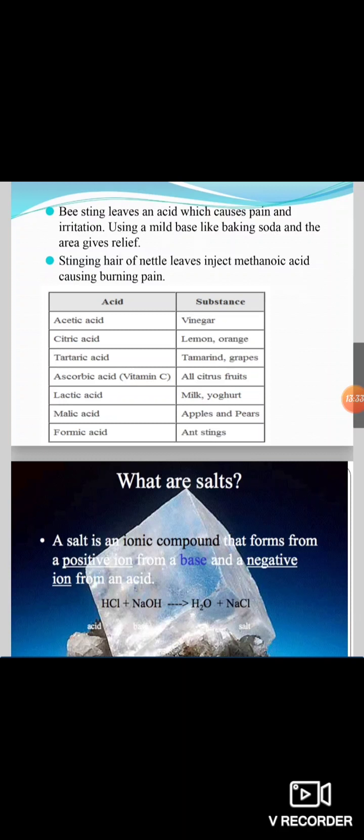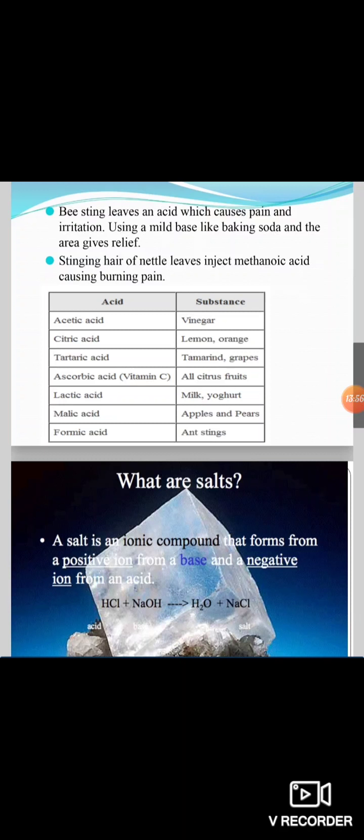Salts of a strong acid and strong base are neutral with pH value of 7. On the other hand, salts of a strong acid and weak base are acidic with pH value less than 7, and those of a strong base and weak acid are basic in nature with pH value more than 7.